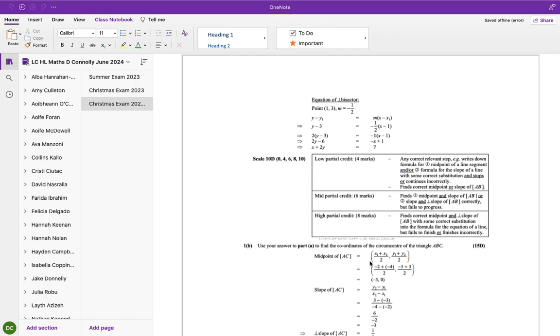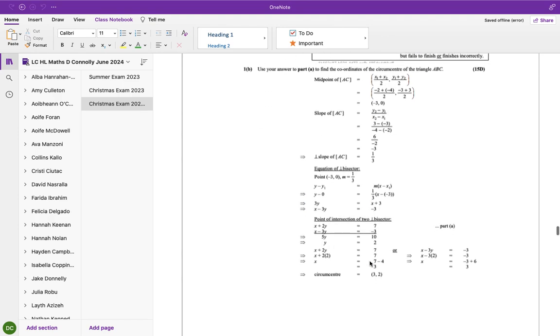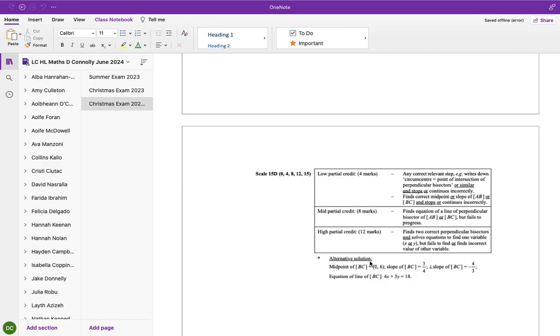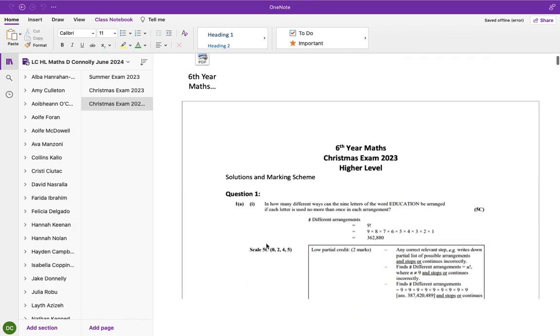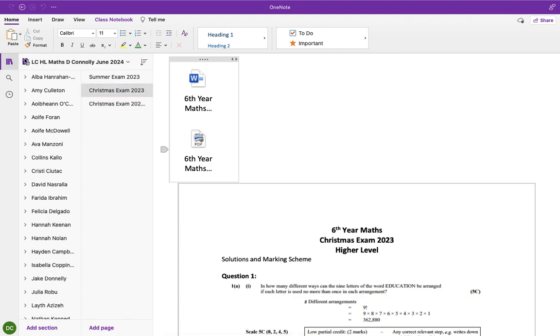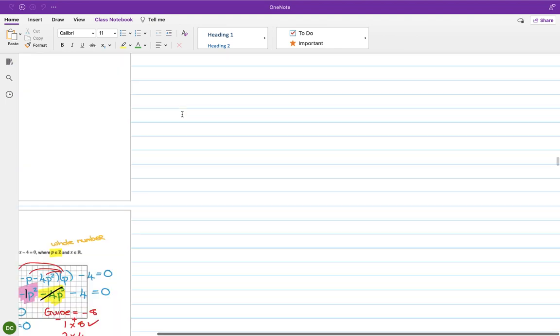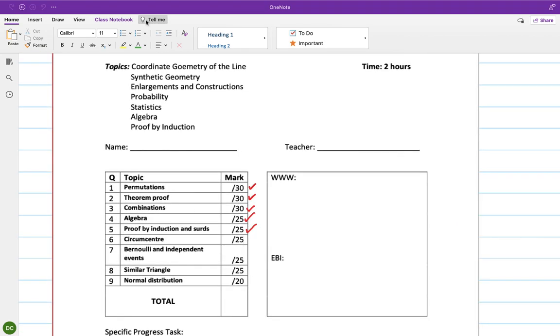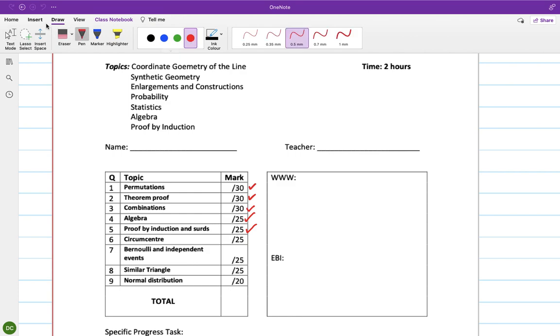The equation of the line is x plus 2y equals 7, which is correct, and it's 10 marks. And then the circumcenter is 3, 2, which is 15. So that is 25.